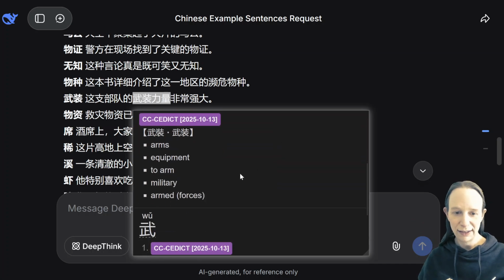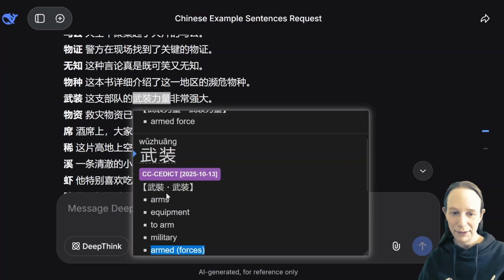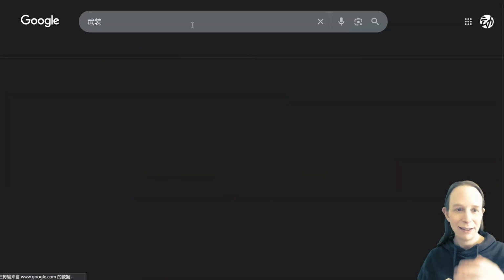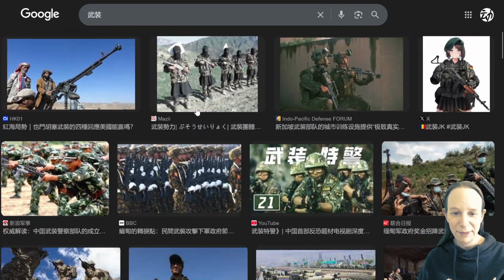So 武装 is not just to arm, but also arms. This is a noun, this is a verb, and this is an adjective. You see it on armored vehicles. 武装. They appear very armed.